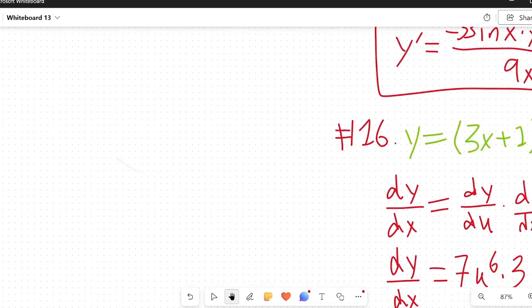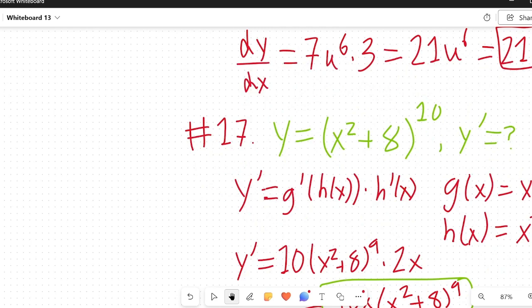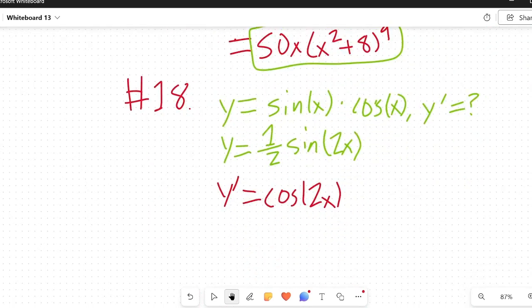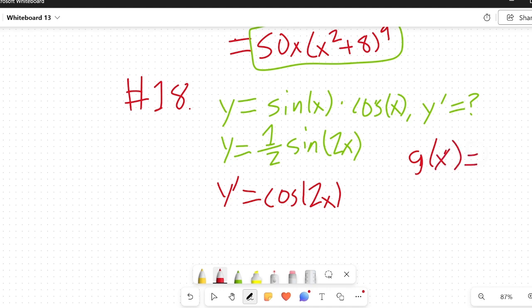18th problem, right? If we have sine of something, essentially we can think of sine as our outer function. So if we're breaking this down, we can think of g of x as our outer function, which will be sine of x.